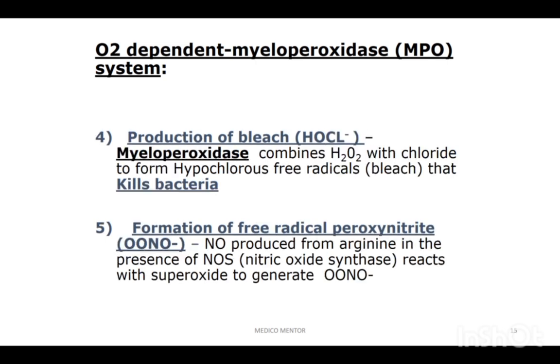The hydrogen peroxide can combine with chloride in the presence of the enzyme myeloperoxidase to produce bleach, which is also called hypochlorous free radicals. Similarly, nitric oxide, which is produced from arginine, can bind with superoxide in the presence of the enzyme nitric oxide synthase to produce the free radical peroxynitrite.